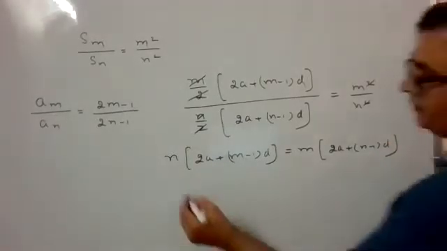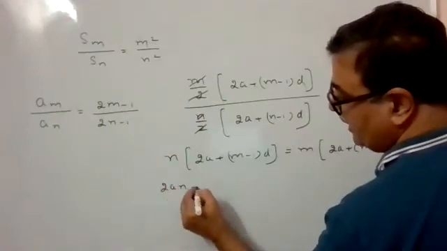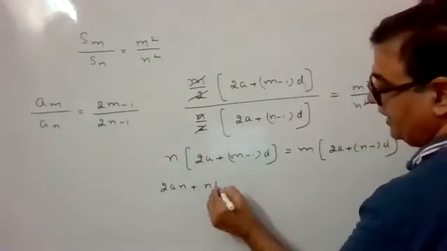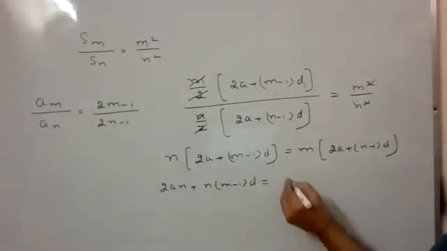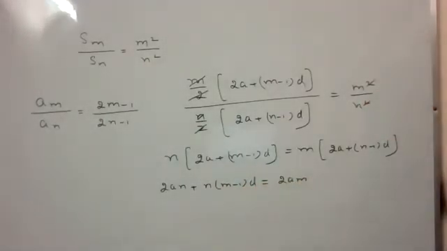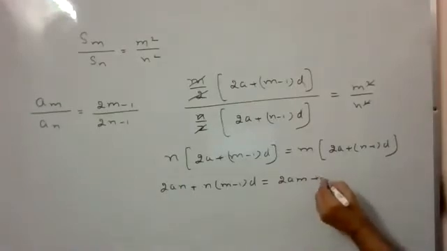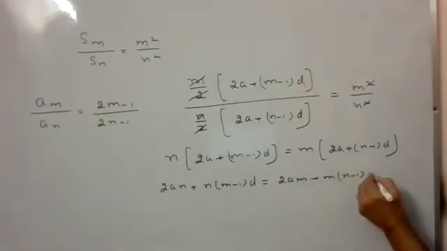Now when you solve it, it will come 2an plus n times m minus 1 into d is equal to 2am plus m times n minus 1 into d.